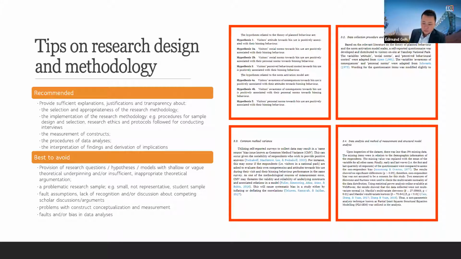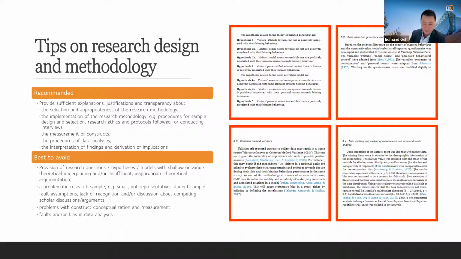In terms of this section, all I can say is that the lack of information actually results in more questions being asked and suspicion about the study. So when you're writing up your research design and methodology, always ensure that you provide sufficient clarity.